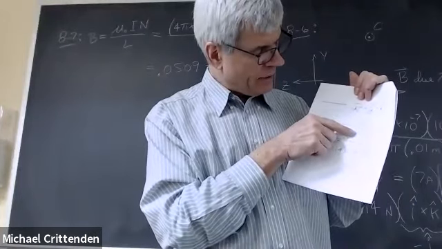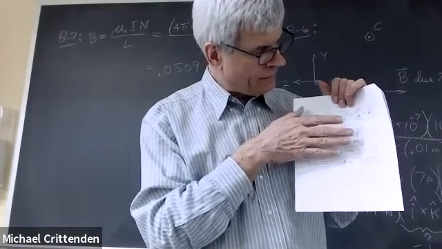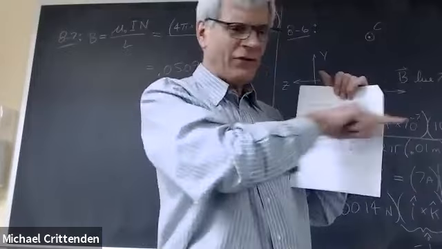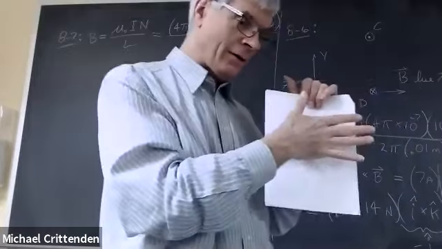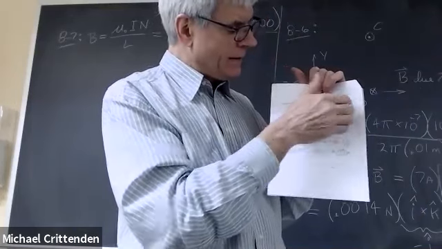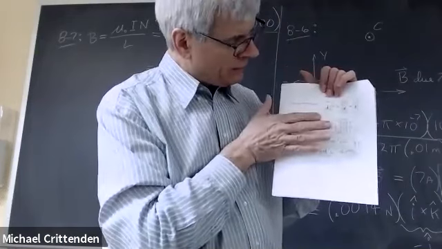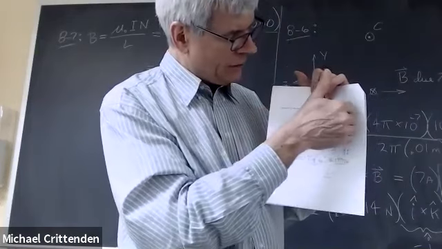The diagram looks like the current goes toward the left, or I'm sorry, toward the right, whatever side of the page that is. The current goes toward that across the front of the picture and then returns the other way around the back. So the current goes around the coil that way.